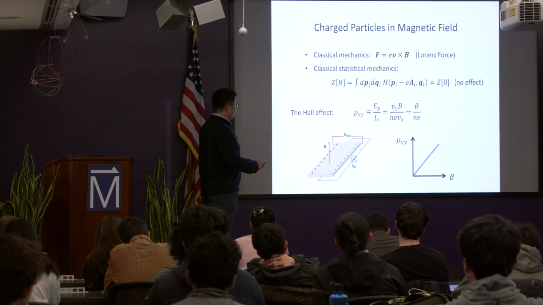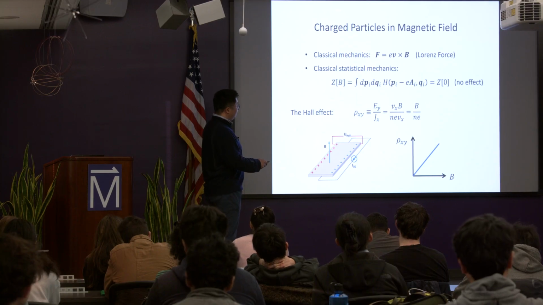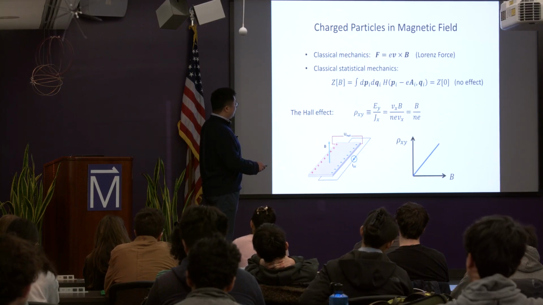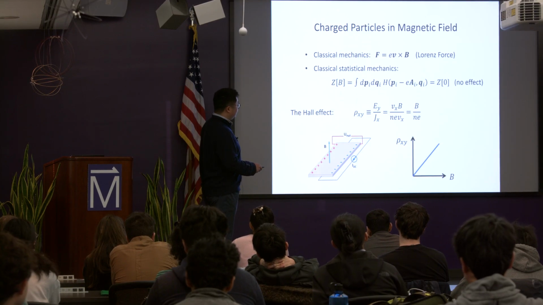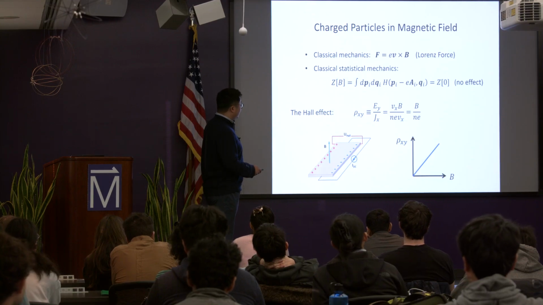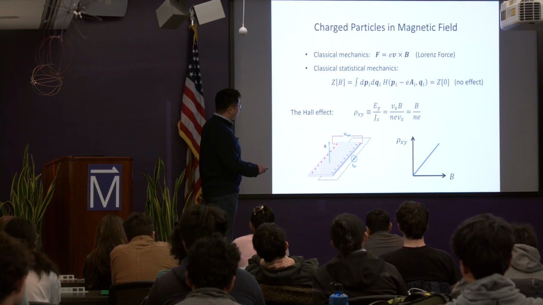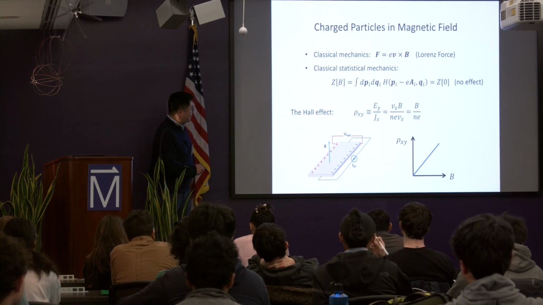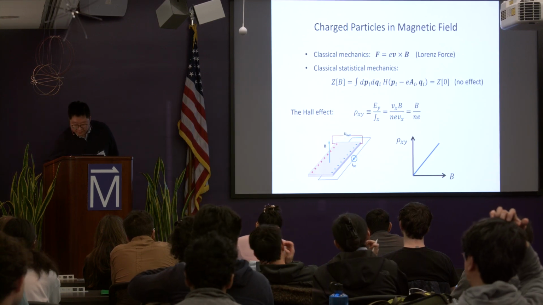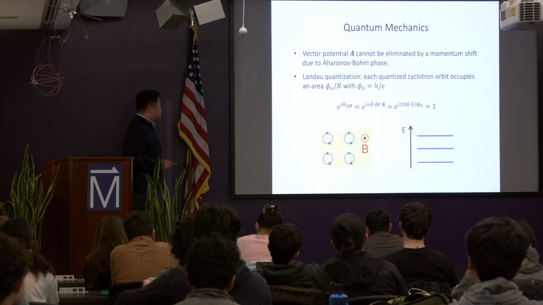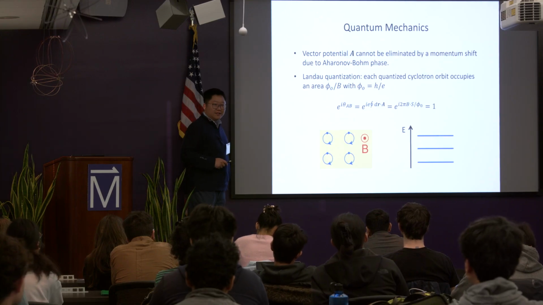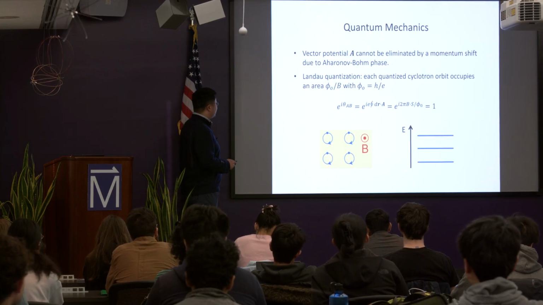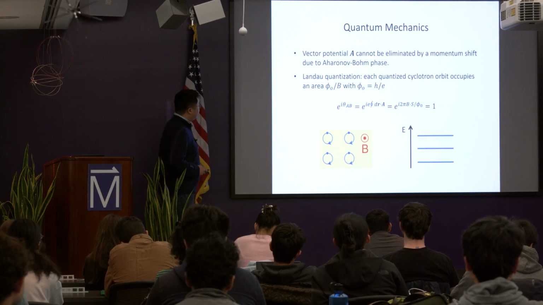So one has to balance the Lorentz force, which is proportional to v times B, with the transverse voltage. And from that, you find that rho xy is linearly proportional to magnetic field and inversely proportional to particle density. Okay, so really, to understand what magnetic field does to charged particles, one needs quantum mechanics.